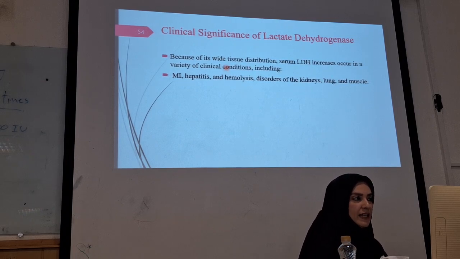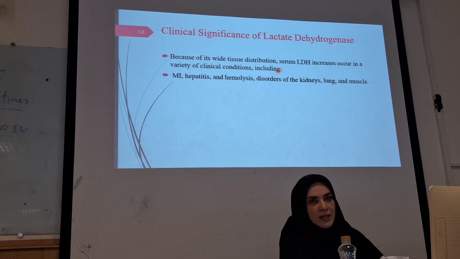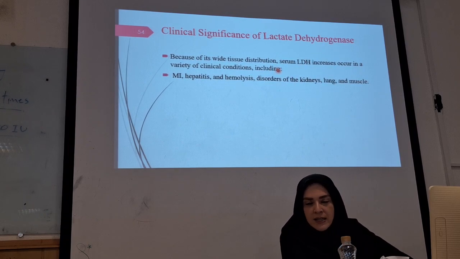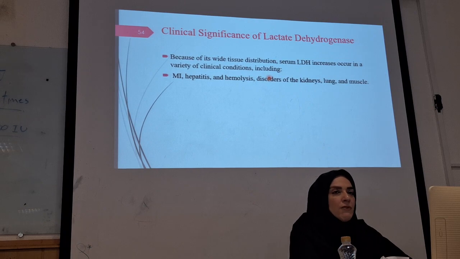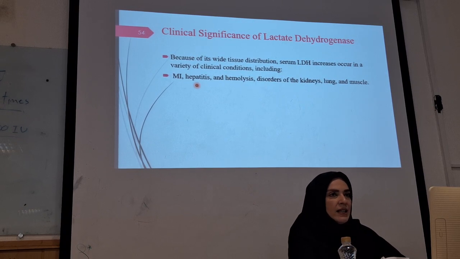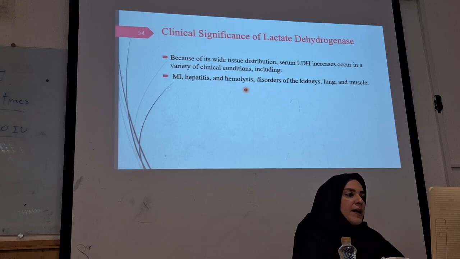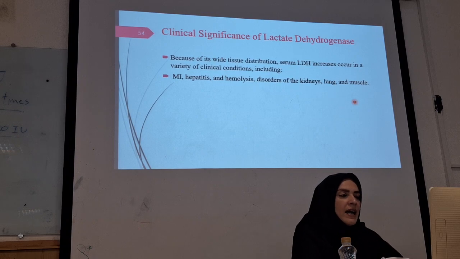About the clinical significance, because of this wide distribution, as I mentioned, an increase in the amount of this enzyme may be related to several situations, like MI, inflammation of the liver, hepatitis, hemolysis, and disorders of the kidney, lung, and muscles.